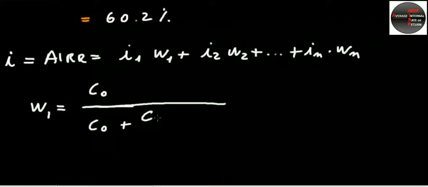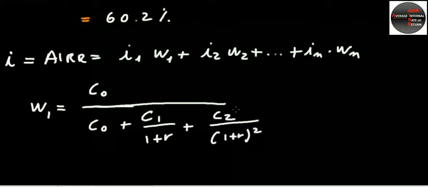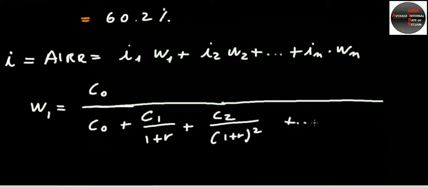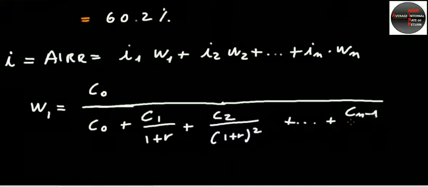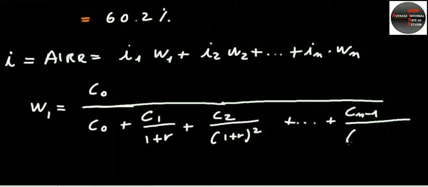So C0 plus C1 discounted by one period plus C2 discounted by two periods, and so on, until the last capital invested at the beginning of the last period, C of n minus 1 discounted by n minus 1 periods.